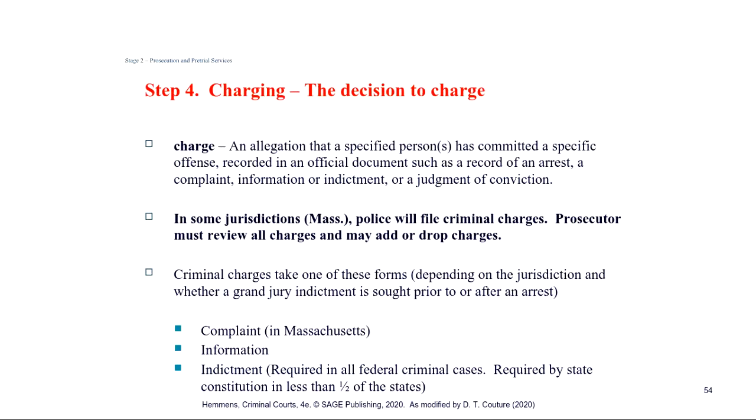And if the charging document follows an indictment, the indictment is called a true bill, and I'll talk about that shortly. True bill of indictment, which is required in less than half of the states. Massachusetts does require an indictment or a true bill to issue by the grand jury in any case which is punishable only by state prison time.